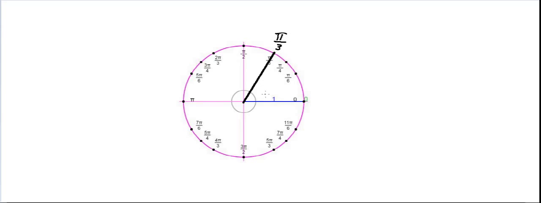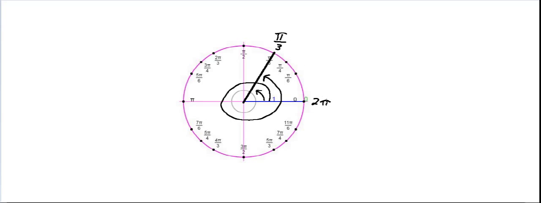But it doesn't just have to be pi over 3. If I was to travel instead, not to here, but all the way around my circle and then back to this angle, I would have traveled 2 pi, because one full rotation around the circle is 2 pi. I would have traveled 2 pi plus an additional pi over 3.